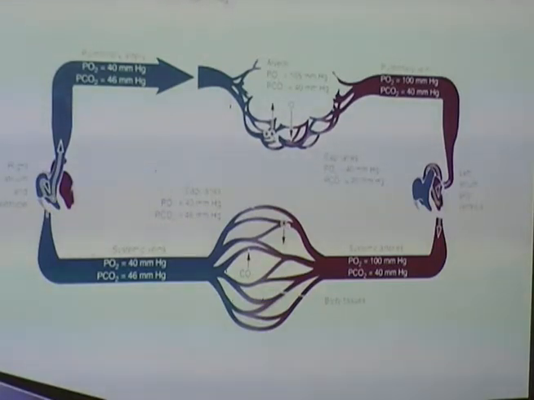So, my atmospheric pressure, if I'm looking at oxygen, the partial pressure of oxygen in the atmosphere at sea level is 159 millimeters of mercury. When I look in the lungs, the partial pressure of oxygen is 105.